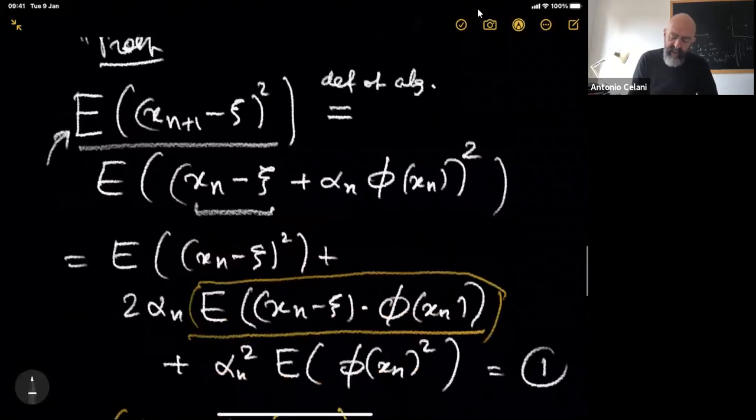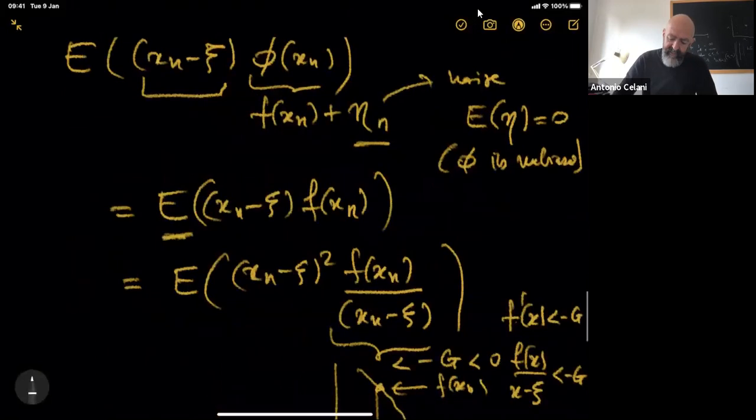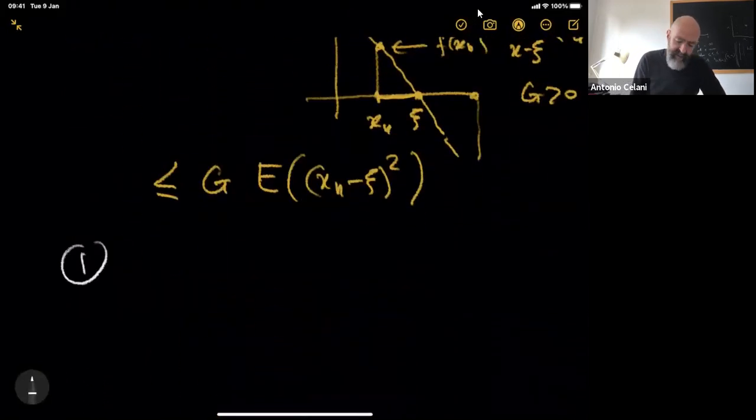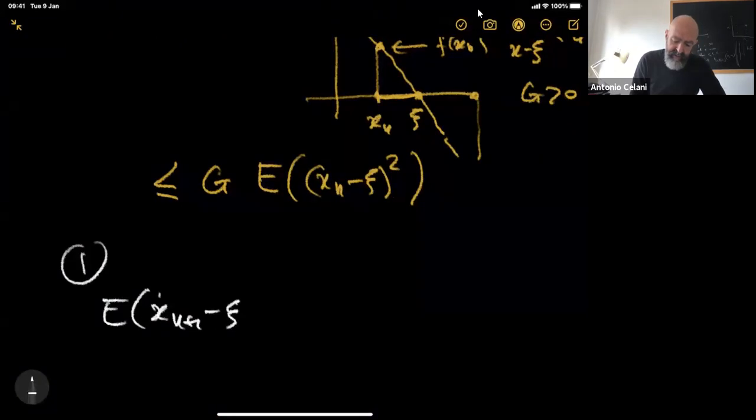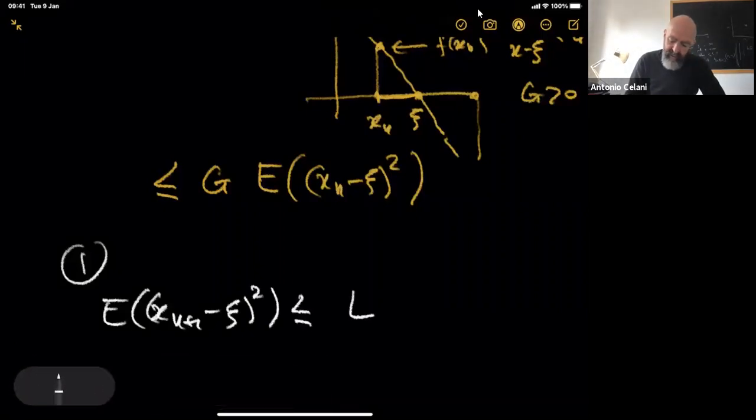So this object here is going to be less equal than a term on the right-hand side, which is explicitly this object is going to be smaller equal.